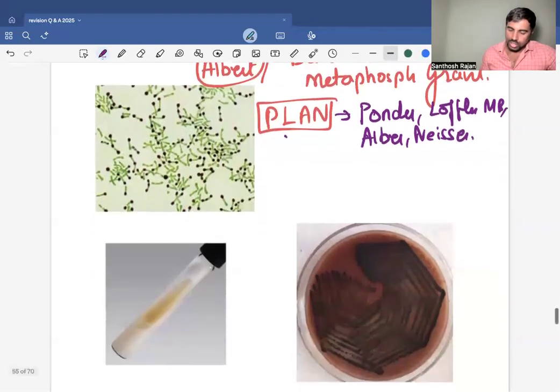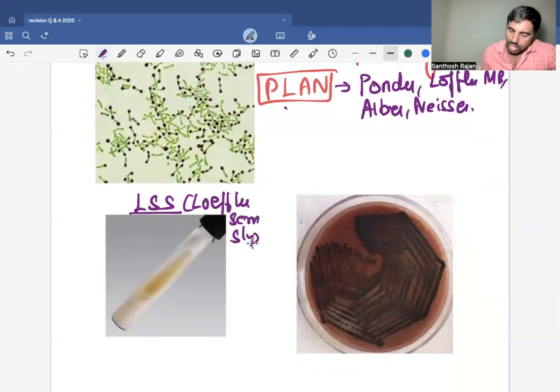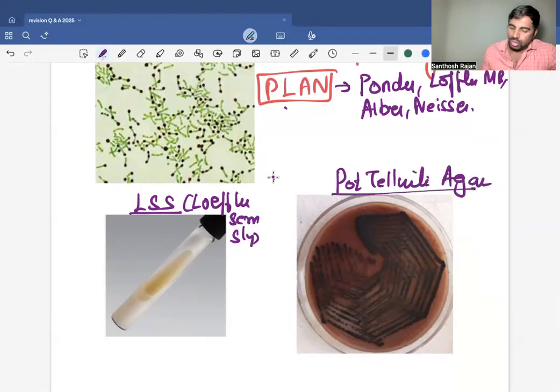That's it. This is LSS media, Loeffler's serum slope, and this is your potassium tellurite agar.